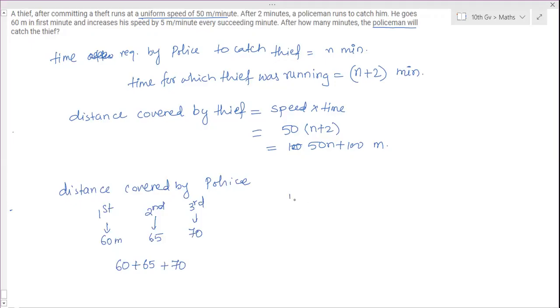Now he was running for n minutes, so we don't know that value.